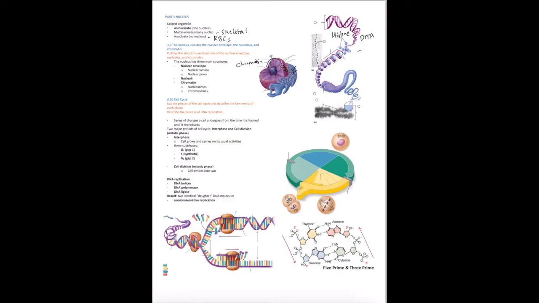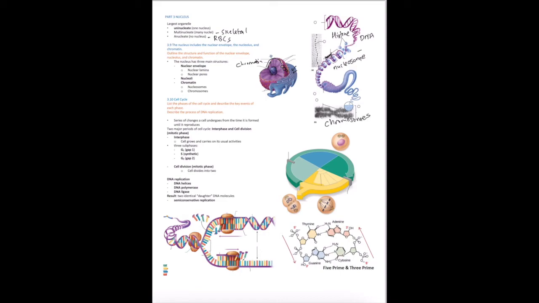DNA is going to wrap around these histones, and what will form is what's known as a nucleosome. Whenever DNA is in that chromatin form, it's going to be uncoiled. In order for transcription to occur, we're able to make these transcripts whenever it's loosely coiled, as opposed to in the form of chromosomes. This is that condensed format here.